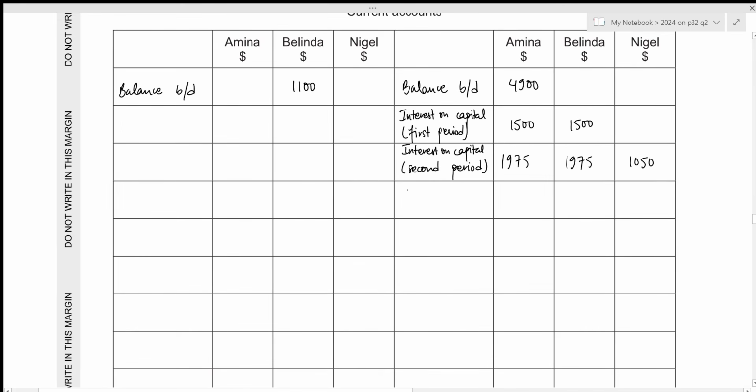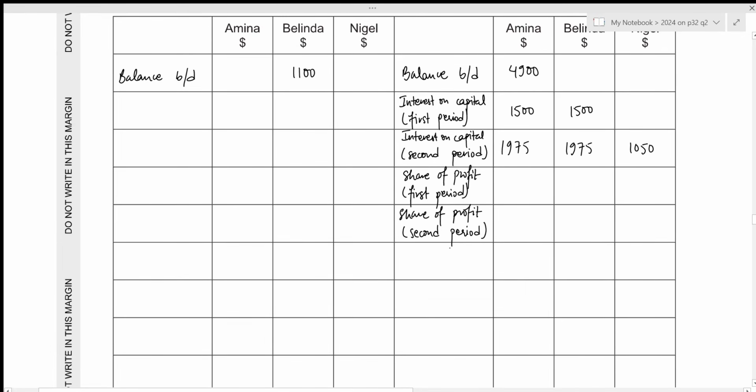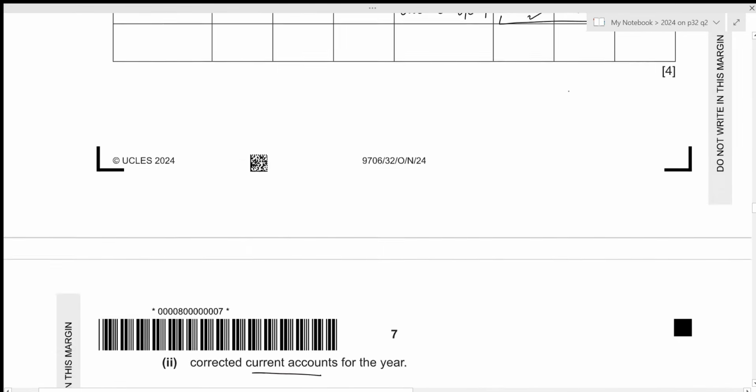Now we need to calculate the share of profit. So share of profit for the first period and share of profit for the second period. Now we've already calculated the profit for the year for the first half and the second half. In order to calculate the share of profit, we just need to remove the interest on capital. So the interest on capital for the first half is 1500 plus 1500.